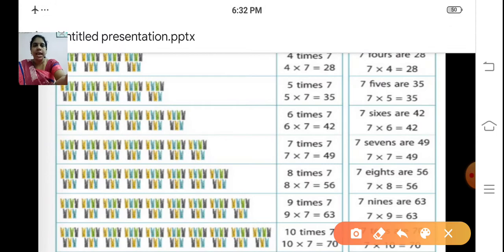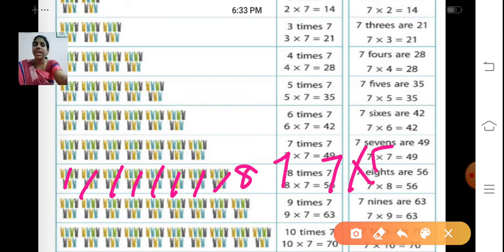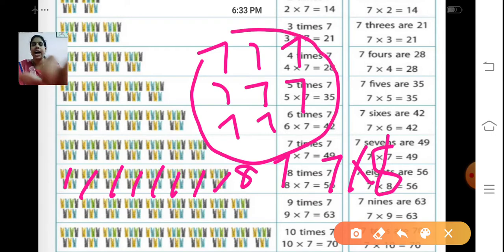Next, just see here how many groups we have. 8 groups. In each group we have 7, right? So 7 eights are, you're going to add 7 eight times. 7 eights are 56. Then 1, 2, 3, 4, 5, 6, 7, 8, 9.